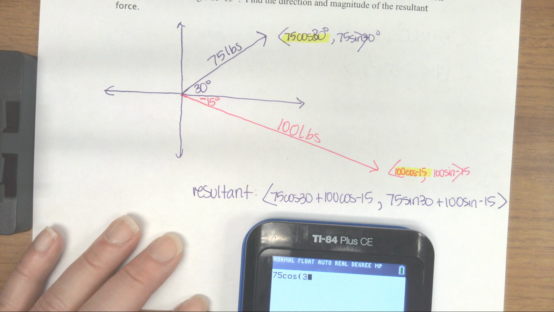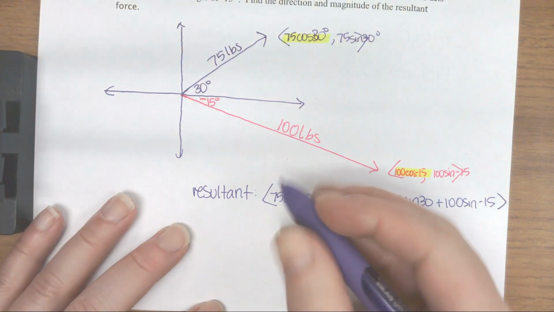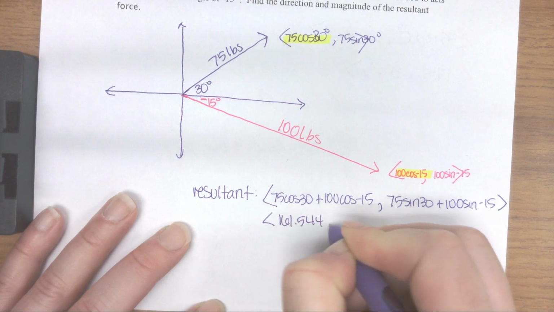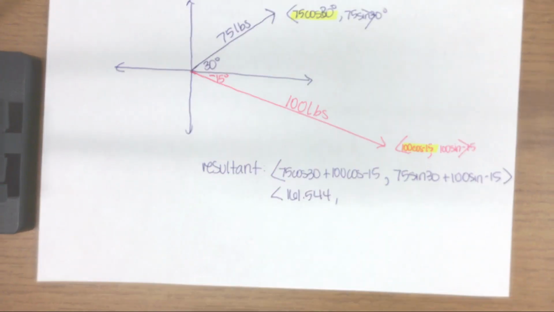All right, so I'm going to do my horizontal one in a minute. I'm going to round to the nearest thousandth. I get 161.544. Just confirm you get the same thing as me, please. Check my math.